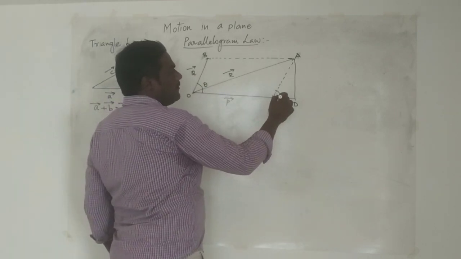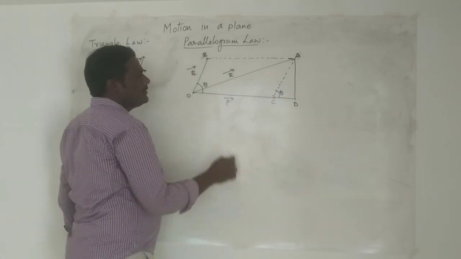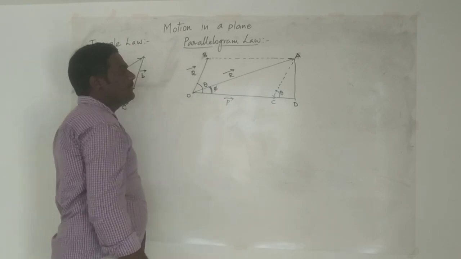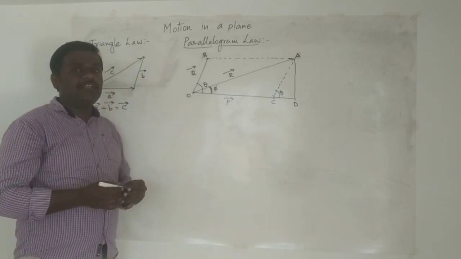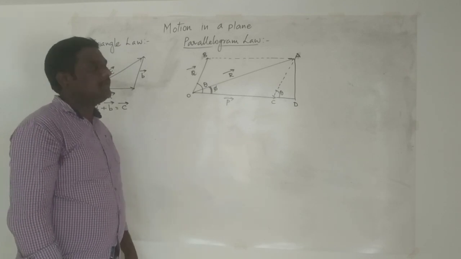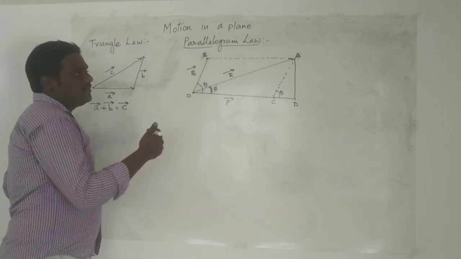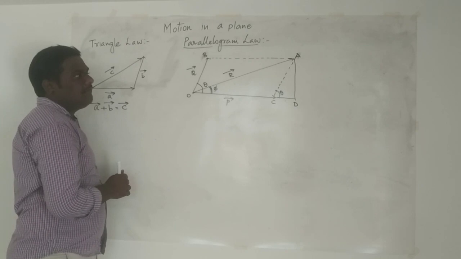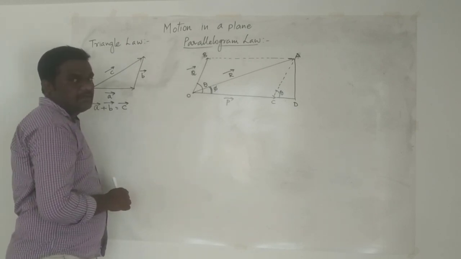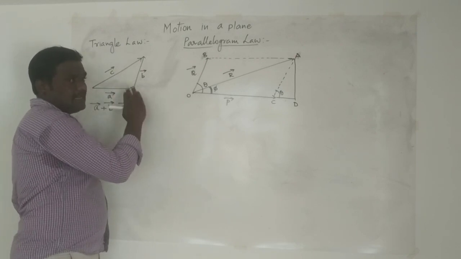Now here you can find one more angle theta here for convenience. Let this angle be phi. The phi represents the direction of the resultant with respect to vector P bar. Now let us go with the derivation of the magnitude formula of the resultant vector. Hope you understood about the statement. So what is the advantage? I will tell at last.